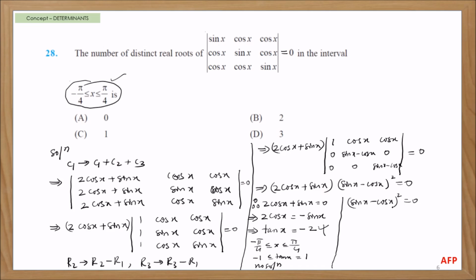So what about this? So here you will get sin x is equal to cos x, 1 you are getting. Okay, so x is equal to tan 45 and it lies in this interval, so only one solution is there. Okay, one real root is the answer you are having.